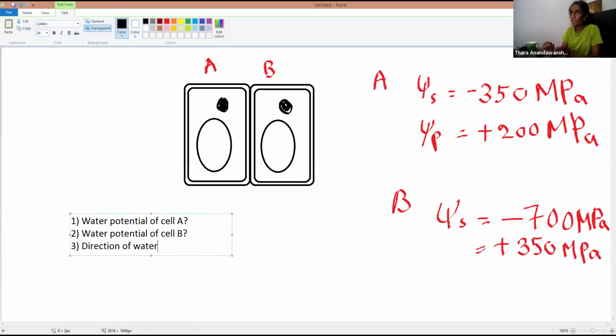That means I'm asking whether the water is moving from cell A to B or B to A.